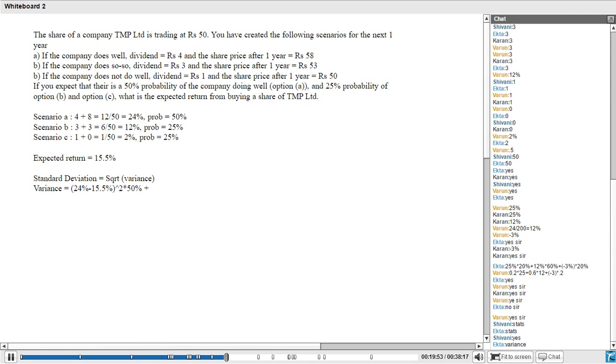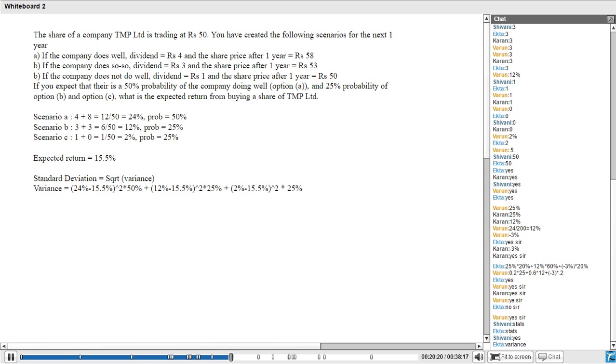Similarly, the next term, 12% minus the mean into its probability, and the third term, which is 2%, is the return. Expected return was 15.5%, the square of the difference into its probability.